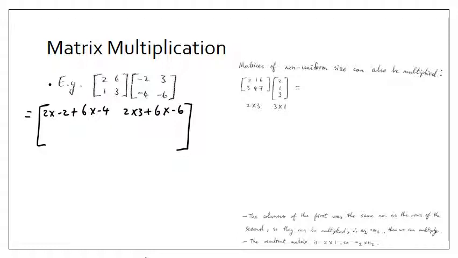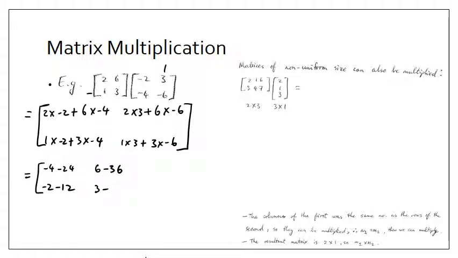Then the second row and first column: 1 times negative 2 and then 3 times negative 4. Then second row, second column: 1 times 3 plus 3 times negative 6. Then you simply work them out and add them up. So you have negative 4 minus 24, 6 minus 36, negative 2 minus 12, 3 minus 18, and add them up: negative 28, negative 30, negative 14, negative 15.